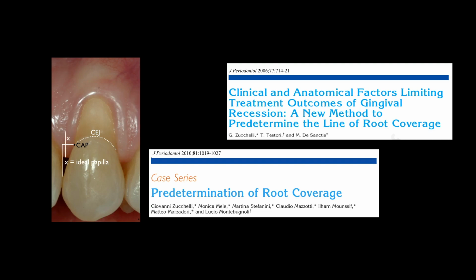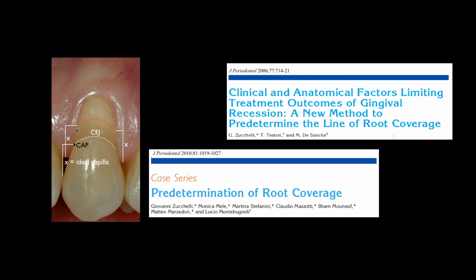So it's very easy to measure the same distance from the cement enamel junction to the contact point, starting from the tip of each anatomic papilla, and then to place on the soft tissue margin the two new CAP points, which correspond to where the new cement enamel junction will get into the papilla more apically, but at a good distance from the tip of the anatomic papilla, so that this cement enamel junction can be completely covered by the composite restoration.